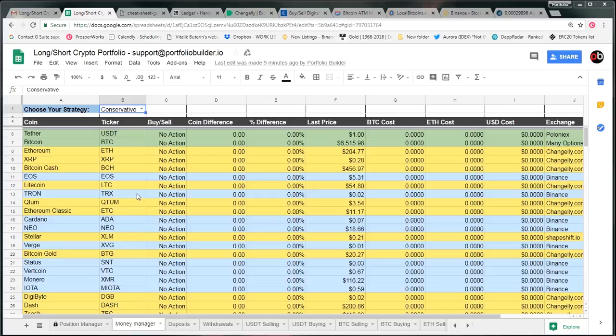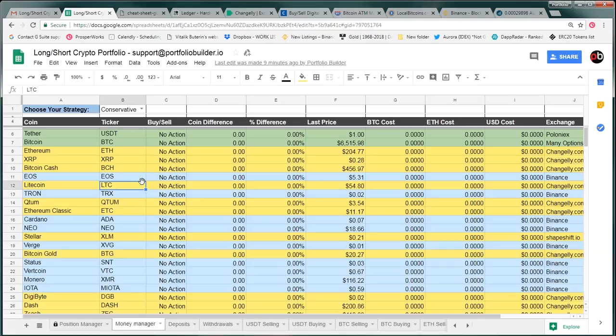So in this portfolio, I would in general expect to have less volatility, less losses, and less gains than the more aggressive strategies. Now, if you do switch over to the aggressive or super aggressive setting, you need to have a strong stomach because you're going to see bigger losses and bigger gains depending on which direction the market's going.